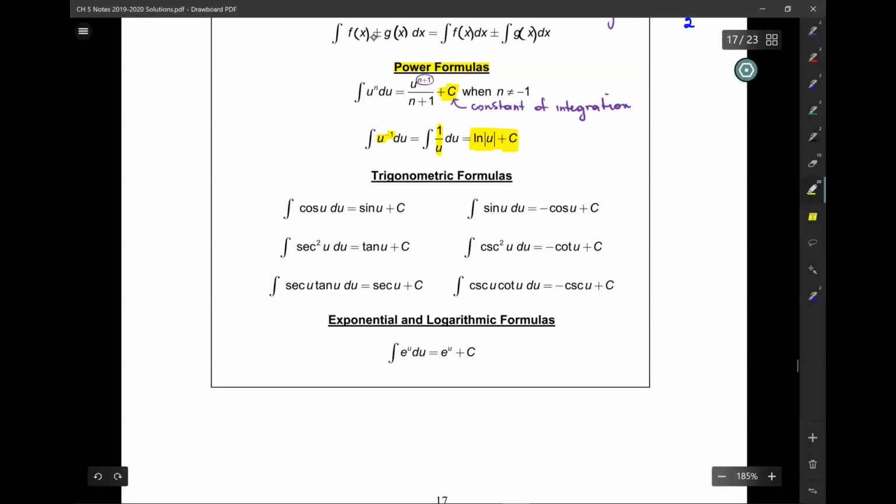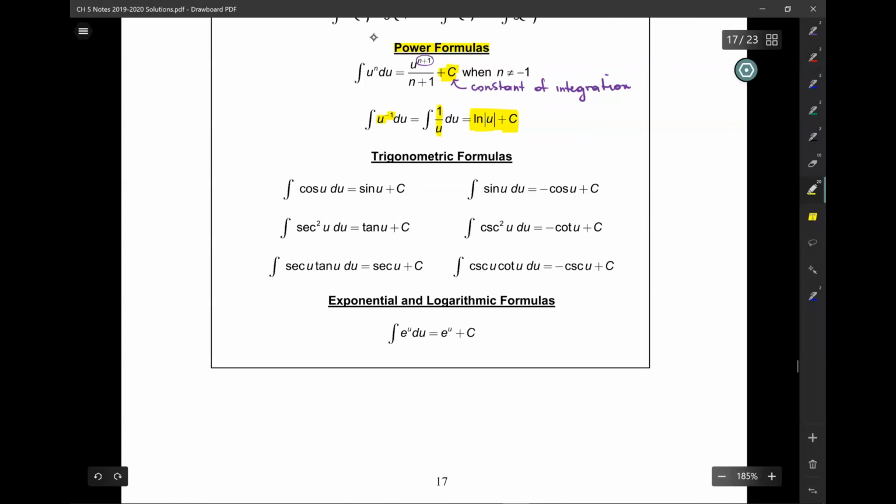Okay, so next one, trig functions. Okay, so listen up. What's the derivative of sine x? Derivative of sine x is cosine x. So the integral of cosine is sine.